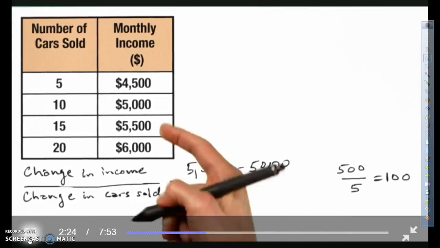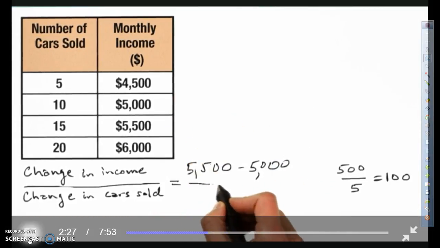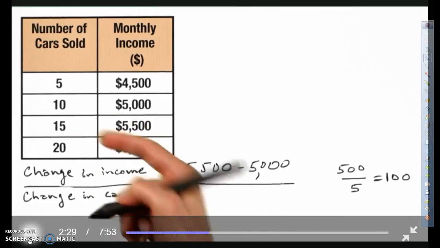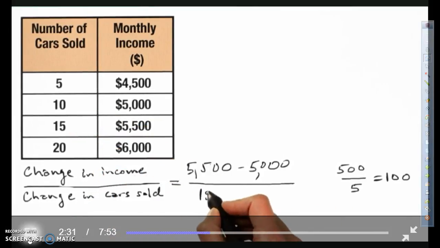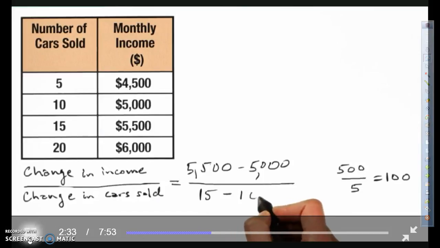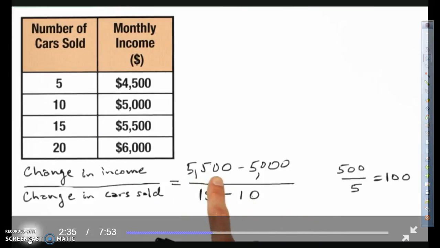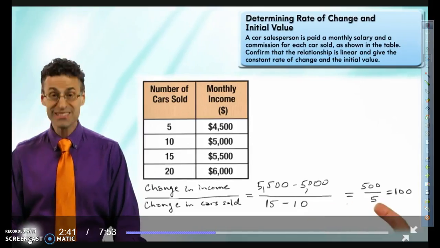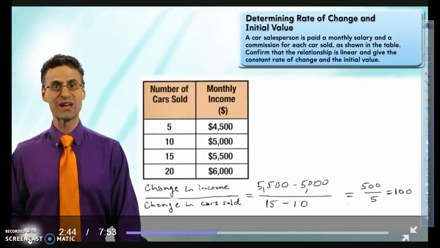So 5,500 minus 5,000, and we divide that by this difference, which is 15 minus 10. But check it out. What is 5,500 minus 5,000? It's still 500. And what's 15 minus 10? It's still 5. And so, in fact, we still get 100.